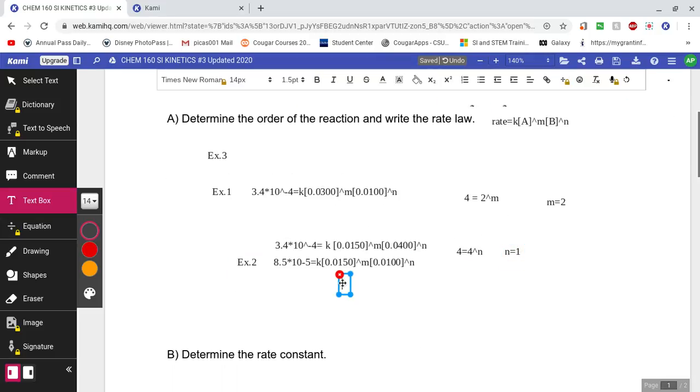Our rate law will be rate is equal to k times the concentration of NO to the power of 2 times the concentration of Cl2 to the power of 1. So that's our rate law. Perfect. First part in the bag, we got that.